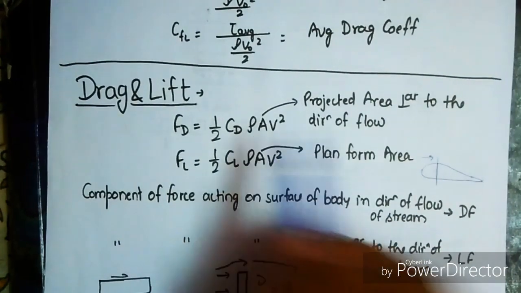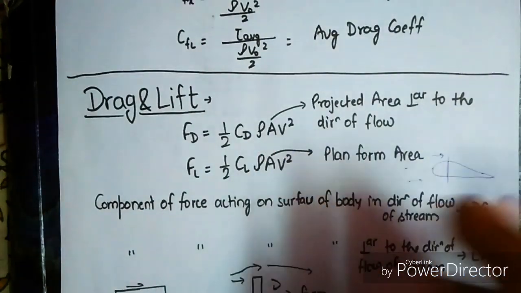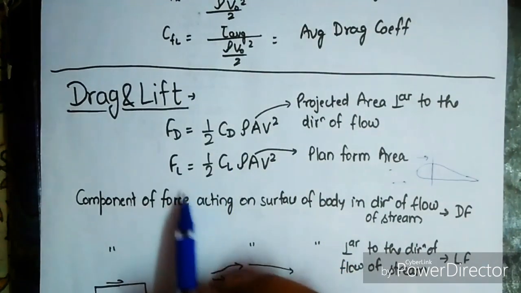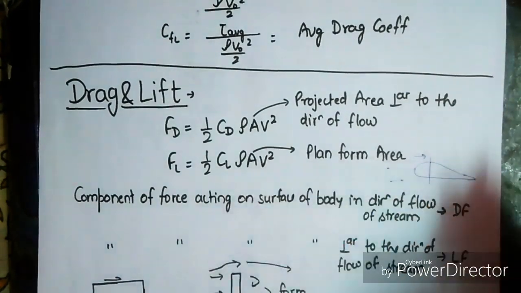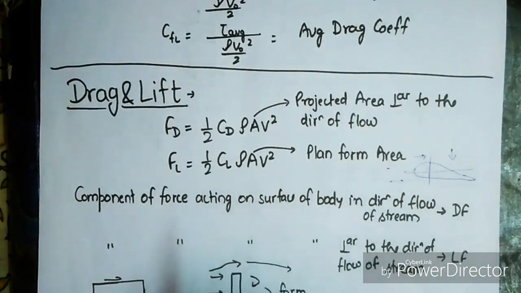Rho is the density of the air or liquid flowing. The velocity of the flow is V, and CD is the coefficient of drag. Similarly, in the case of lift, we have the area as the plan area, like this area if we see from the top. This is the plan area.